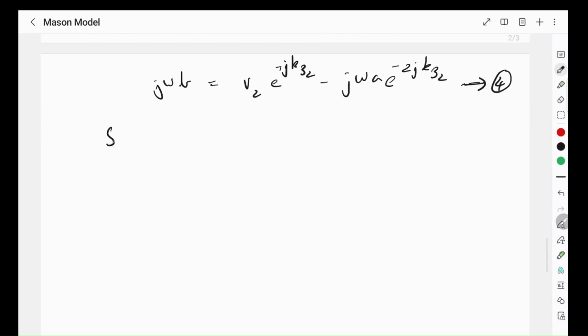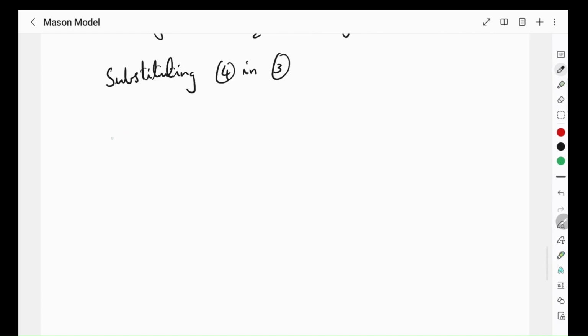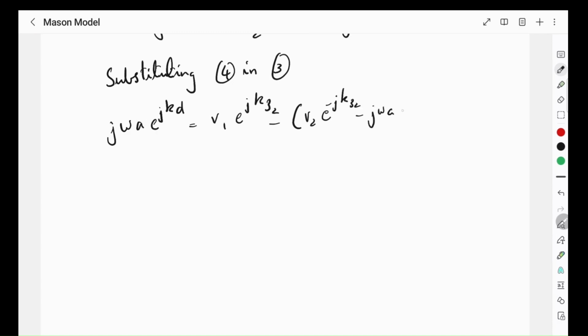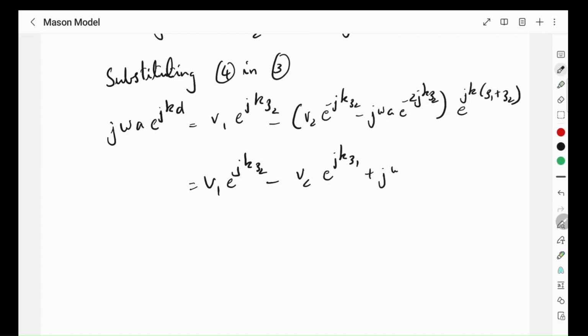Substituting equations 4 and 3, I can write j omega a e raised to j k d is equal to v1 e raised to j k z2 minus v2 e raised to minus j k z2 minus j omega a e raised to minus 2 j k z2, times e raised to j k (z1 plus z2), which is equal to v1 e raised to j k z2 minus v2 e raised to j k z1 plus j omega a e raised to j k (z1 minus z2).